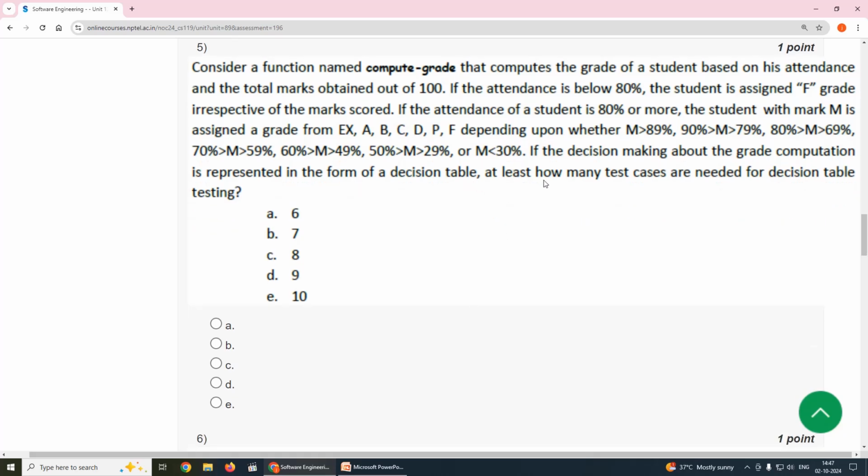And they are asking for at least how many test cases are needed for the decision table. Our suggestion is option C, 8.